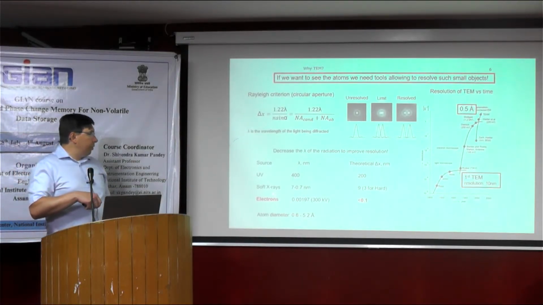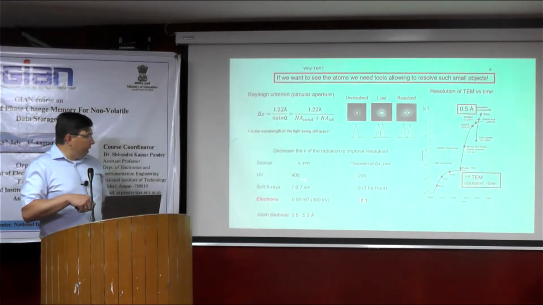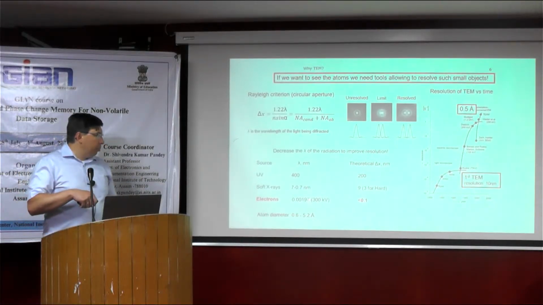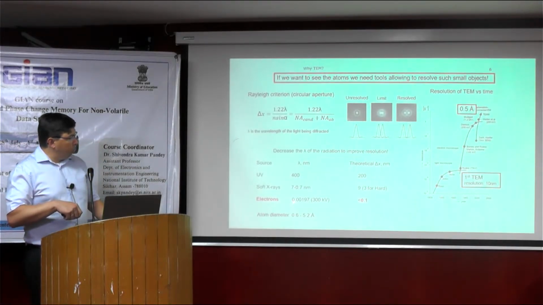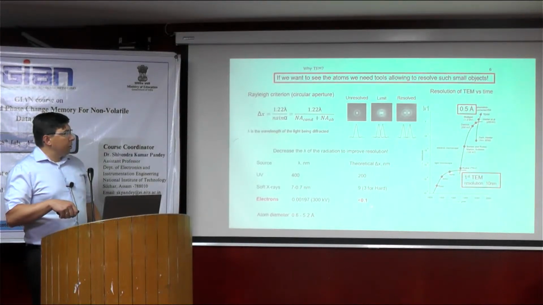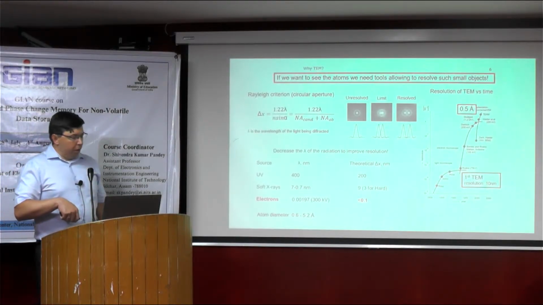If we use electrons, the wavelength can differ, but with an electron energy of 300 kilovolts, the wavelength is 0.00197 nanometer, so we can resolve objects or spacings of less than 0.1 nanometer.